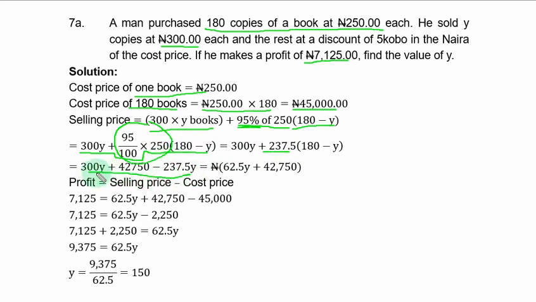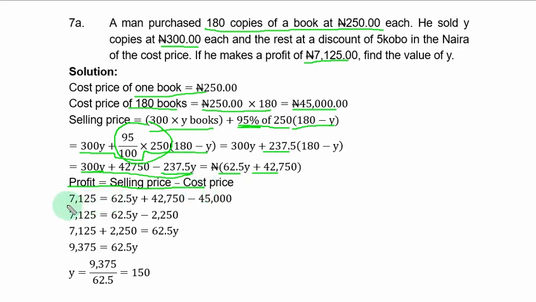If you add like terms, 300y minus 237.5y, that gives 62.5y plus 42,750, all in naira.